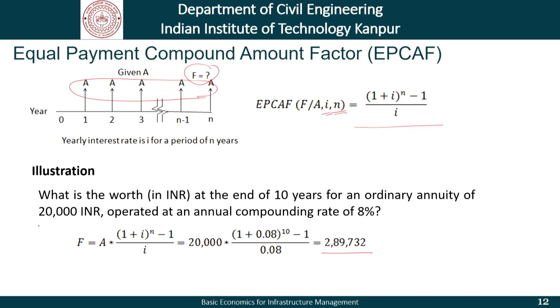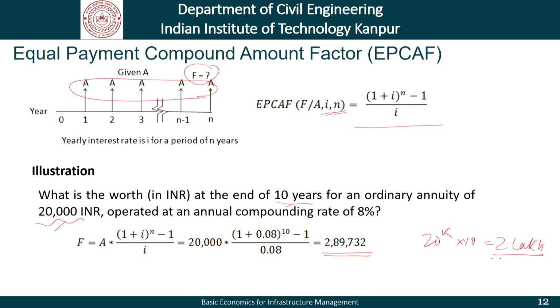That is 20,000 invested for 10 years will give you 2,89,732. So, basically what we are doing is that 20,000 over 10 years is 2 lakhs.